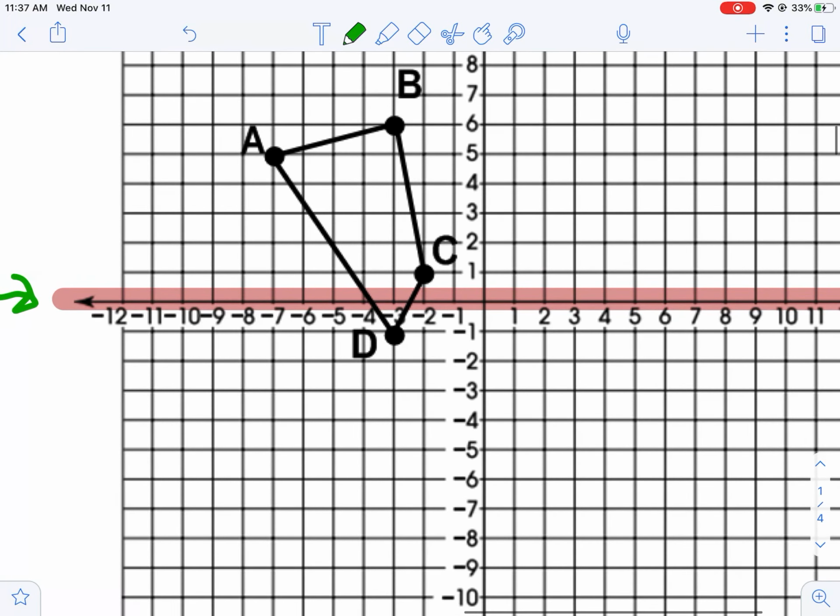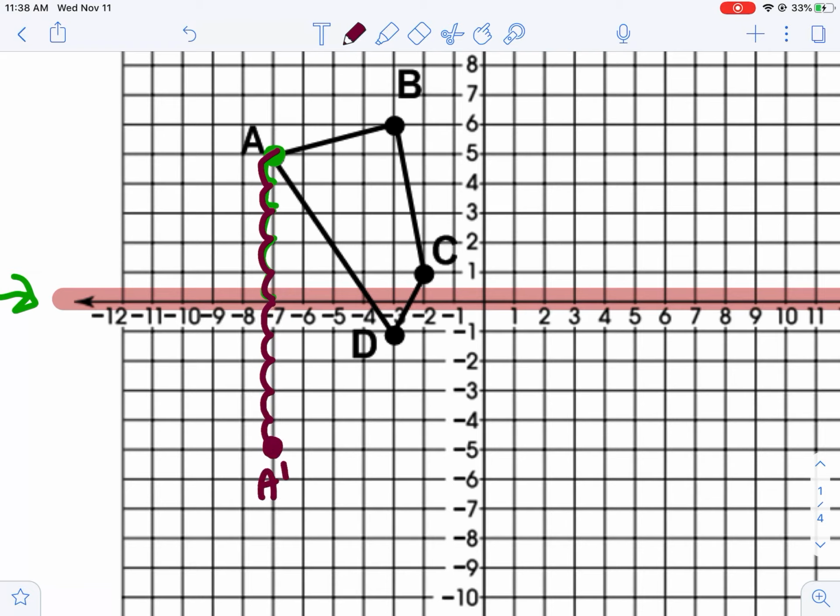So I'm going to start with A, and I'm going to count how far away A is from that x-axis. I count 1, 2, 3, 4, 5. Okay? So what that tells me is I'm then going to go in the opposite direction. From the x-axis to A, I go up 5. To get to A prime, I'm going to go down 5 from the x-axis.